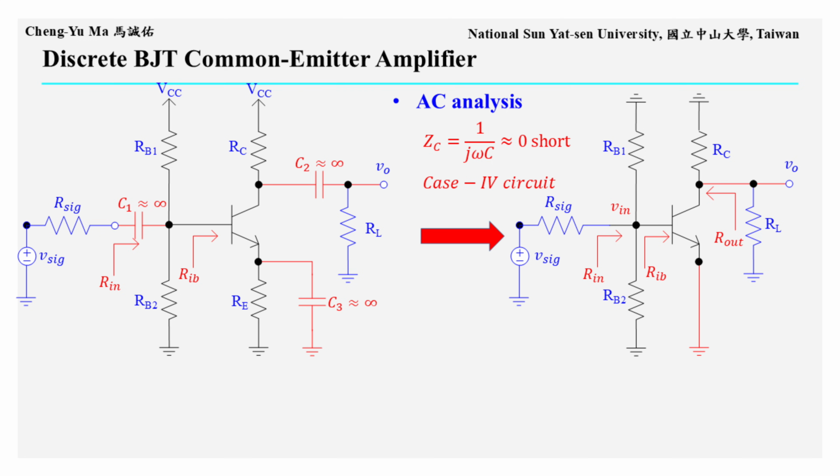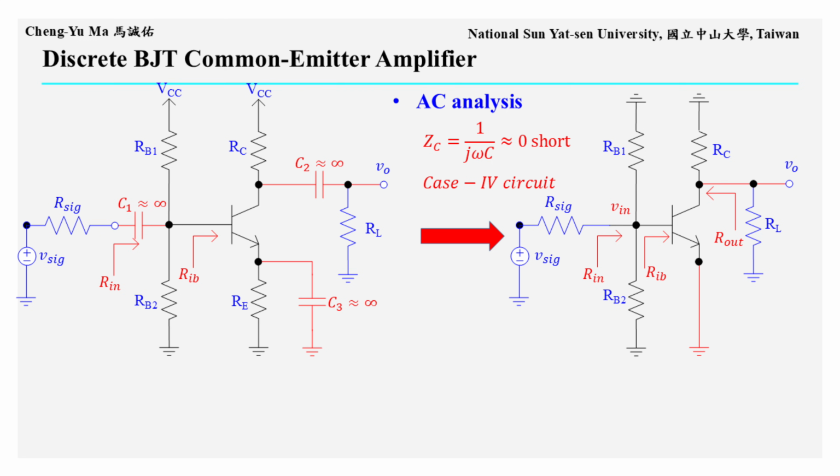The AC small signal circuit is shown on the right. At the input node, where coupling capacitor C1 is connected, there are three branches, RB1, RB2, and the BJT base terminal. Thus, RB1 and RB2 are in parallel, and that parallel resistance is also in parallel with the input resistance looking into the BJT base.